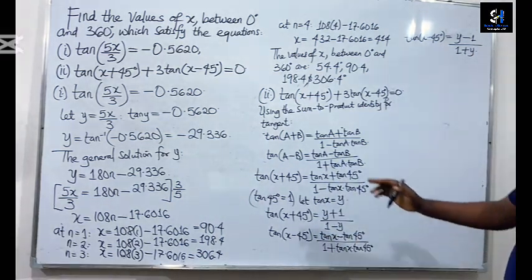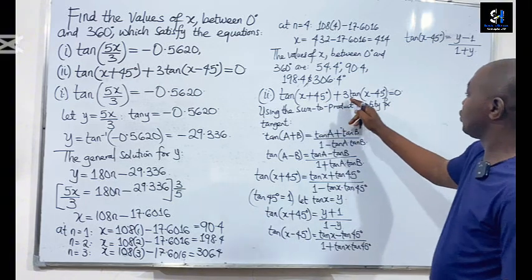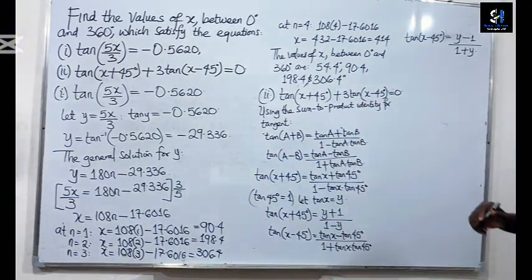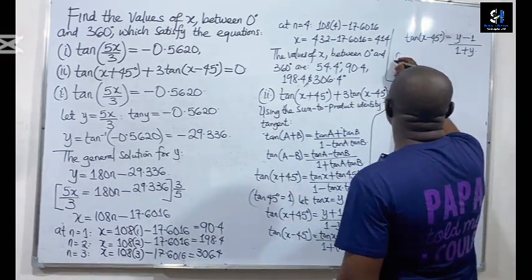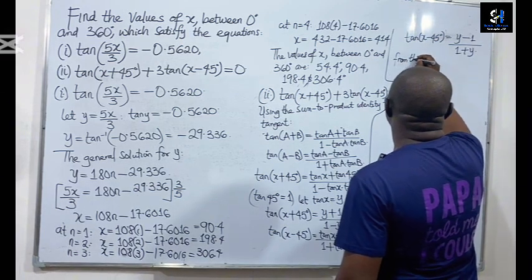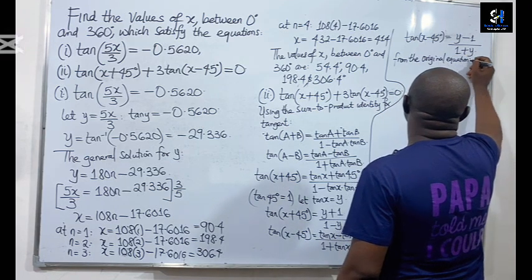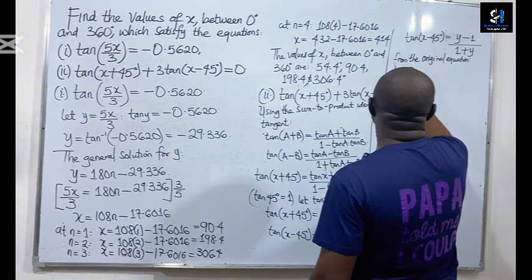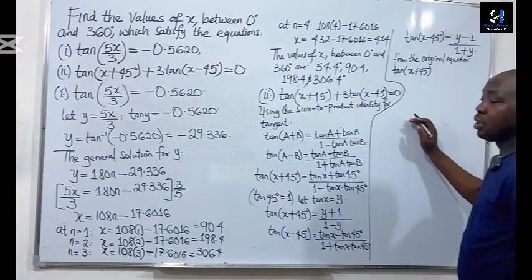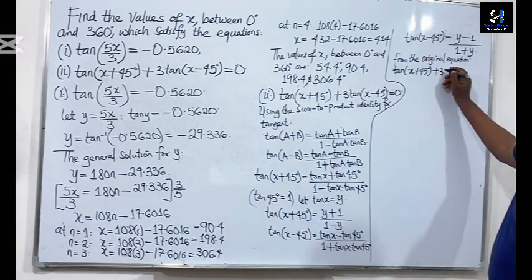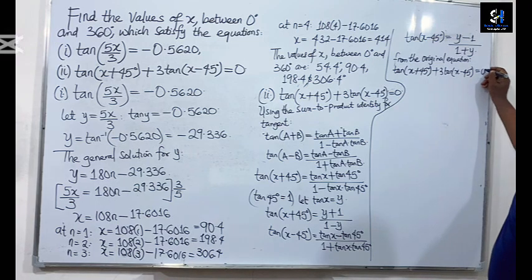Okay, so now the equation we are given is tan(x + 45 degrees) + 3 tan(x - 45 degrees). So from the original equation, tan(x + 45 degrees) + 3 tan(x - 45 degrees) equals 0.